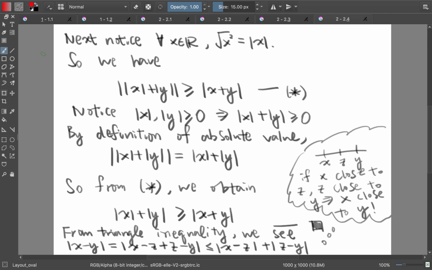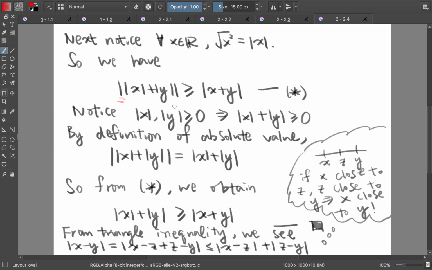Well, next, we should notice that the square root of x squared is equal to the absolute value of x. So, when we take away the square from the square root, we see that the left-hand side becomes the absolute value of the absolute value of x plus the absolute value of y, and the right-hand side becomes the absolute value of x plus y. But there is one more thing that is missing.